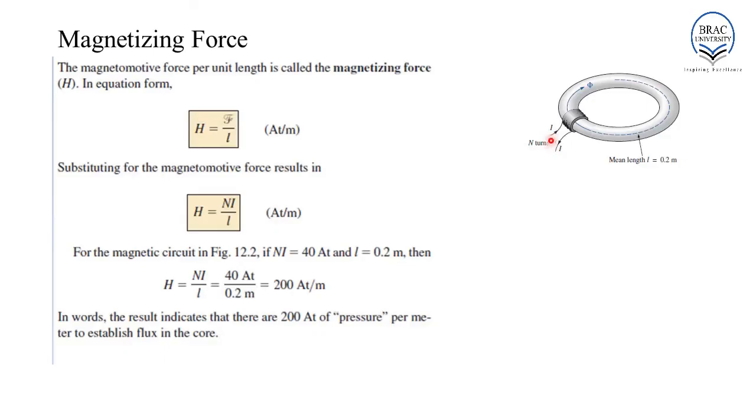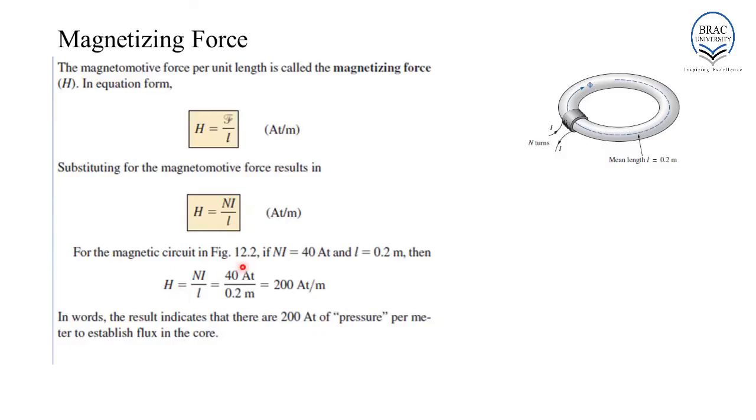And the magnetomotive force will establish flux lines phi through this object. The mean length of this object is L, which is 0.2 meter. Hence, the magnetizing force H equals Ni by L.